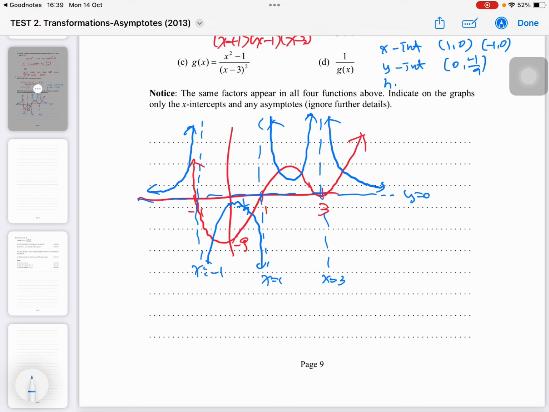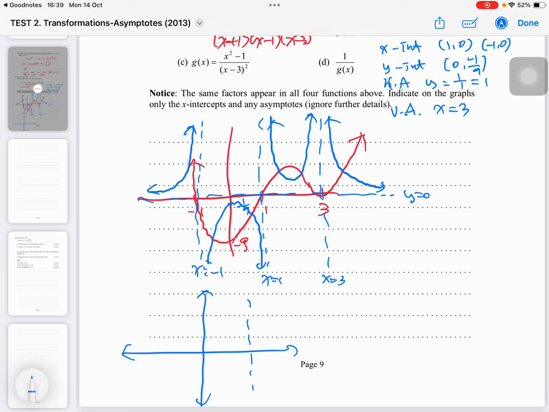And horizontal asymptote, because both of them are quadratic, both sides. So y equals 1 over 1, which is 1. Like the highest degree. And vertical asymptote, x equals 3, where the denominator becomes 0.